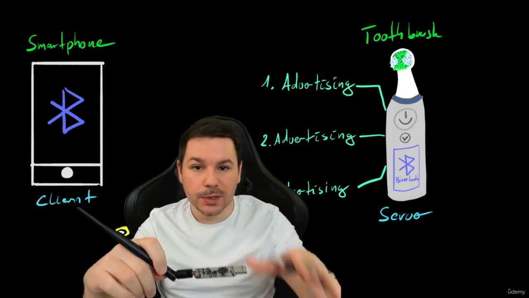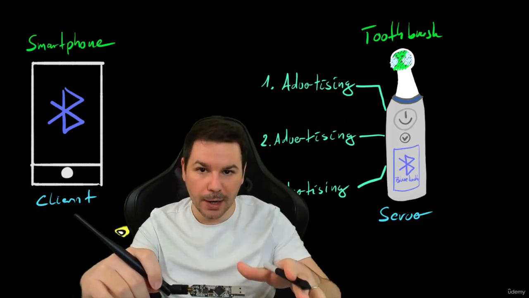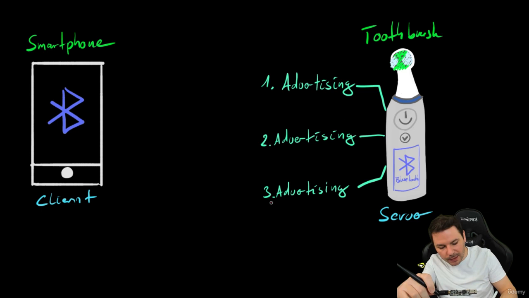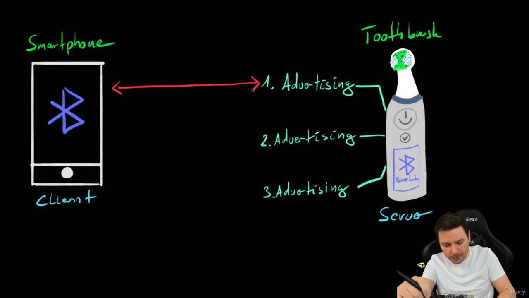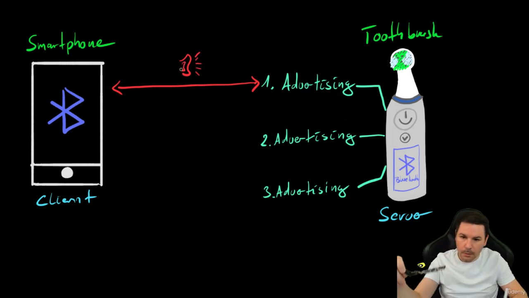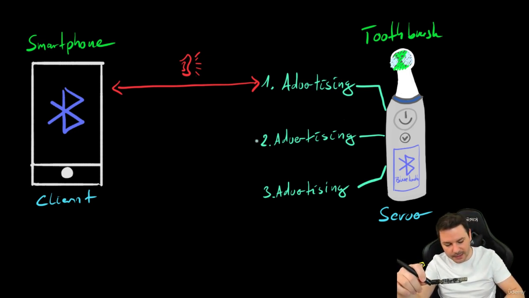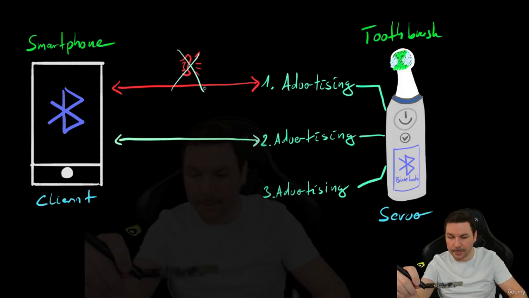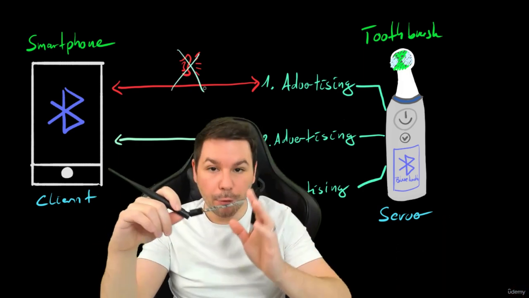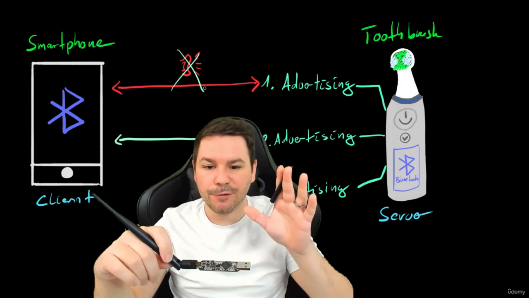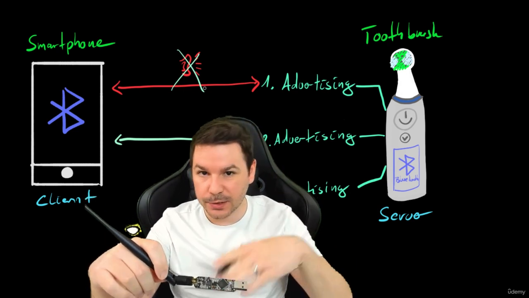The problem with using an external device is having those 3 advertisement channels. Because if we are listening on the first one with our Ubertooth, that's an ear by the way. Okay, it's definitely an ear. If you're listening on the first one and the devices are using the second advertisement channel, then we are not sniffing anything, which means we need to cover all 3 of them to make sure that we really capture this communication between those devices.